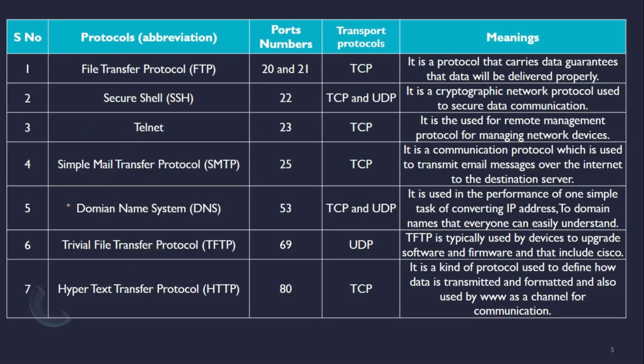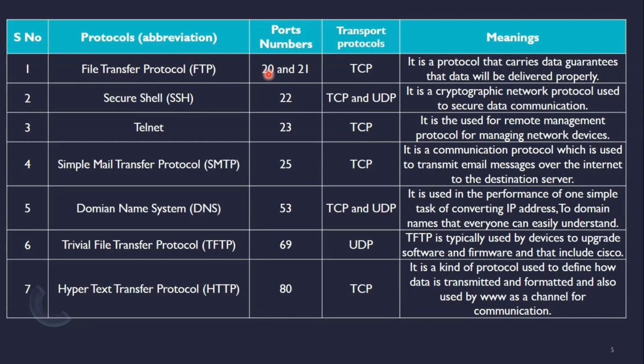Coming to the port abbreviations, I'll take some major protocols which are more familiar and which we generally use. I will explain them one by one, and then show you in the demo, so we will get a clear idea. First we will see FTP. FTP stands for File Transfer Protocol.